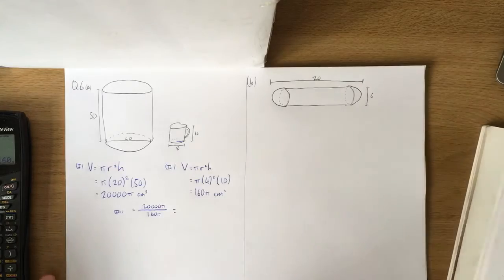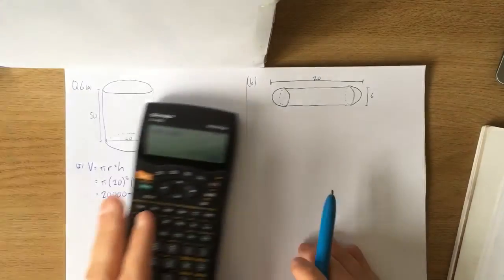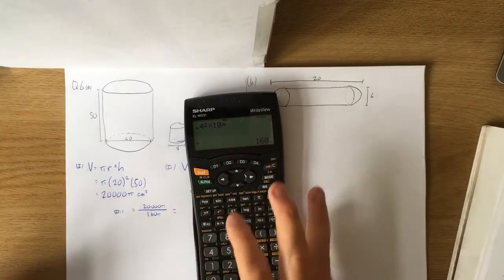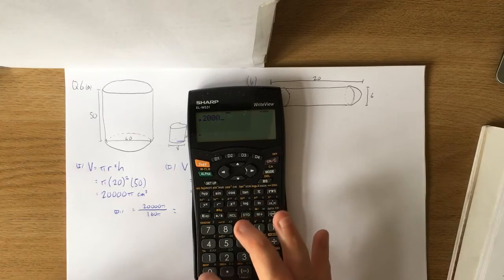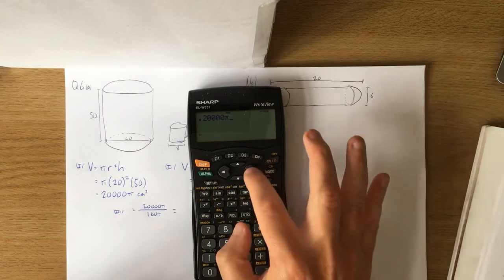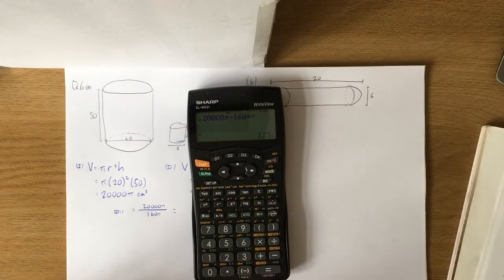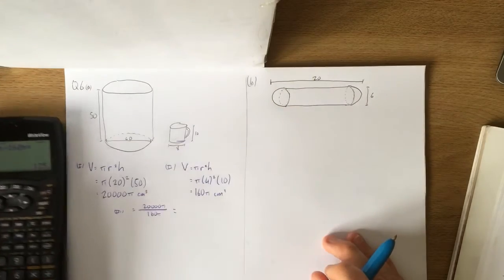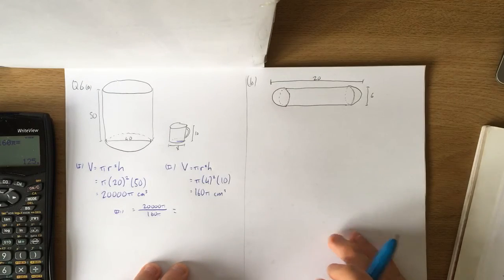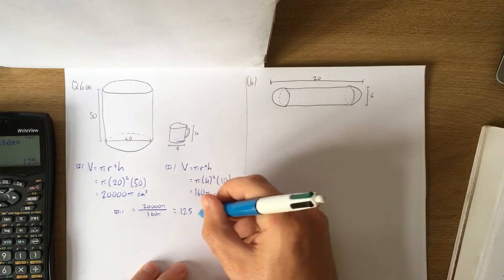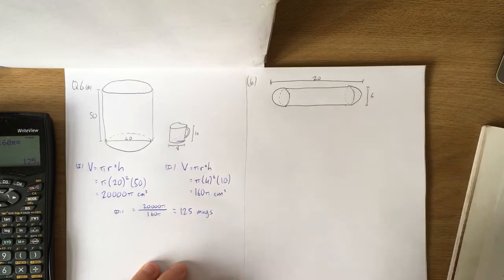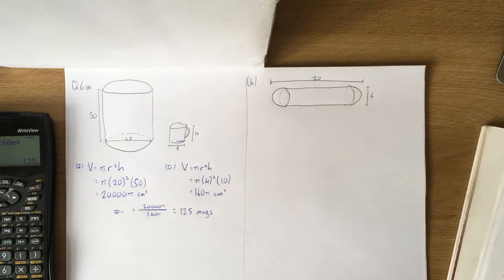The pi's will cancel, so you can just do 20,000 divided by 160, but if you write in the pi's in your sum in the calculator, it will take care of it for you. So 20,000 pi divided by 160 pi is 125. So how many mugs can be filled? 125 mugs. All right, and that's your part A done.